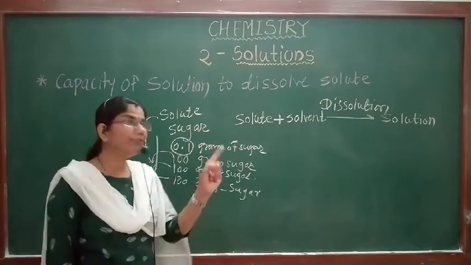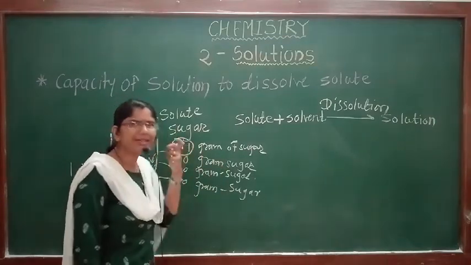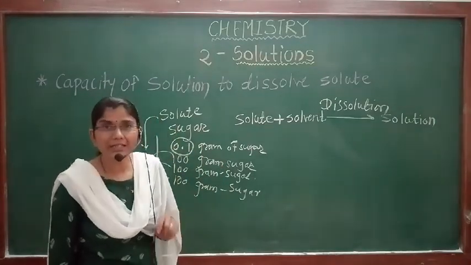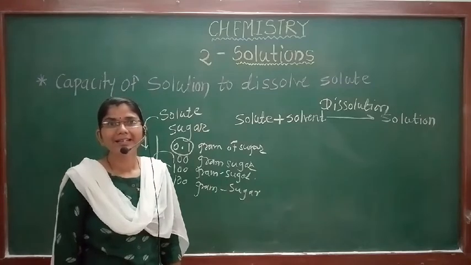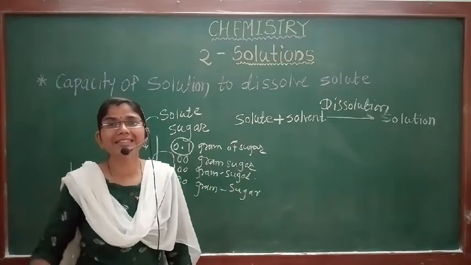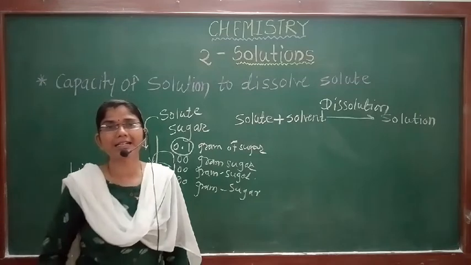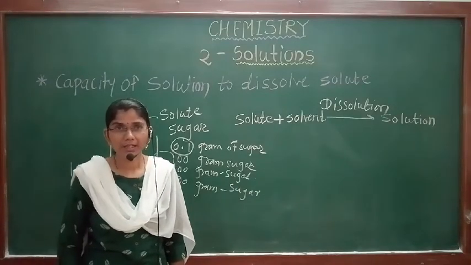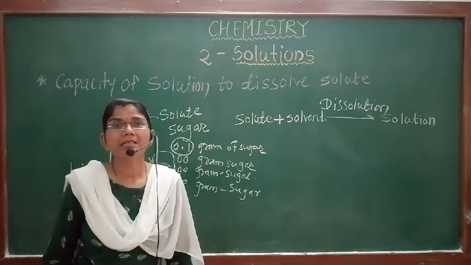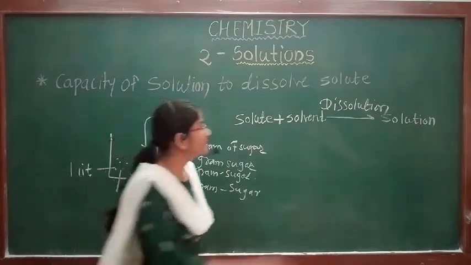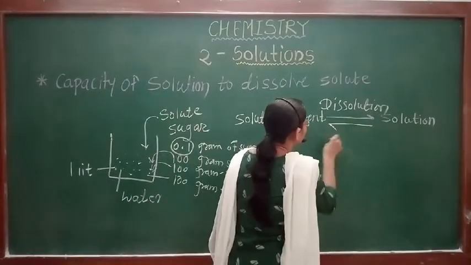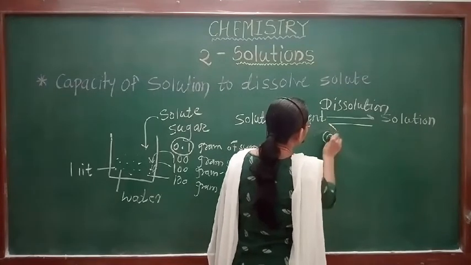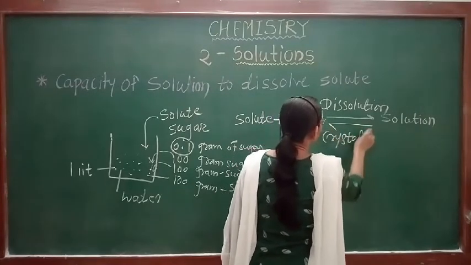If again we add 0.1 gram of sugar in that solution, it remains as it is. It does not get dissolved in that solution. The dissolution stops and recrystallization takes place. That means crystallization takes place.